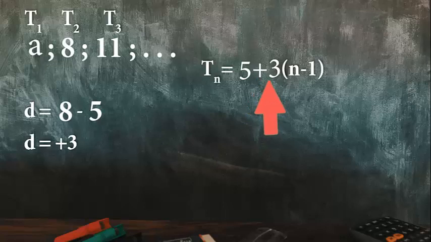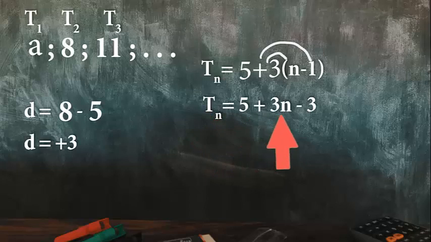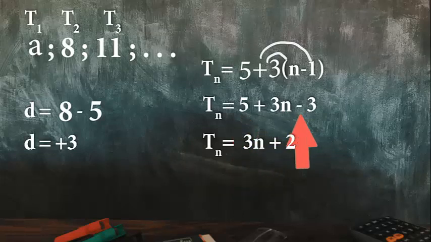Now, the next thing that we do is we simply do distributive law. So a positive 3 times n, and then the positive 3 times minus 1, and then we end up with the following. So the term in the unknown position is equal to 5 plus 3n minus 3. Okay, and then what we do is we just write 3n, and then 5 minus 3 gives us this positive 2.